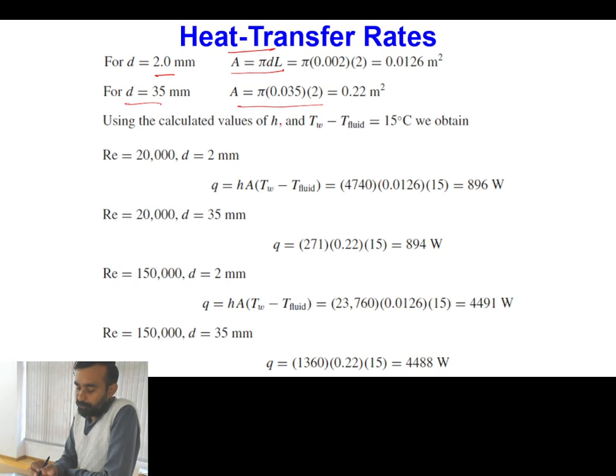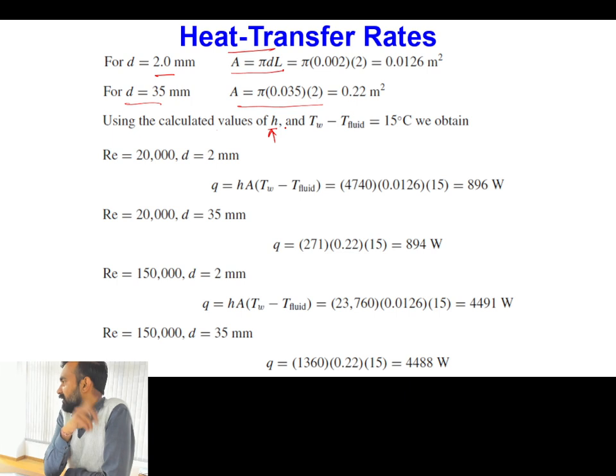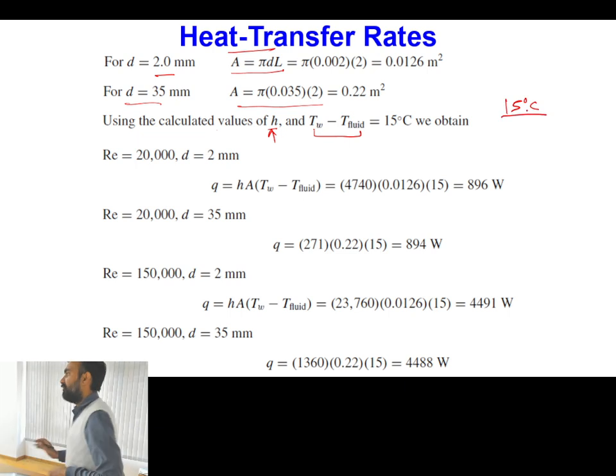Now, to calculate the value of H, I have already established it in the first slide using the Dittus-Boelter equation. It is given in the question that the maximum difference between wall temperature and fluid temperature should not exceed 15 degrees.